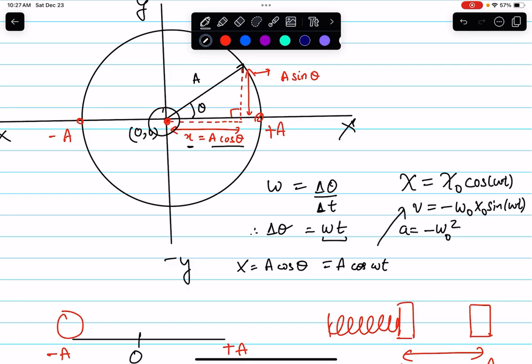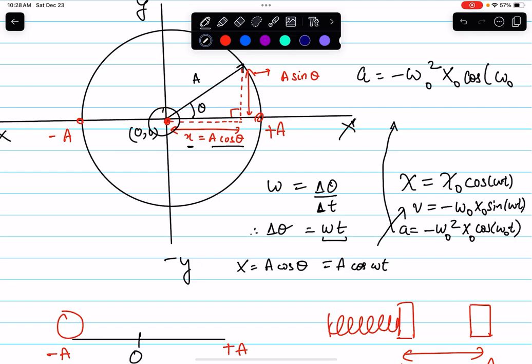So this is negative omega naught squared x naught cosine of omega naught t. And we get this famous equation, where the acceleration is negative omega naught squared, then x naught cosine of omega naught t, and we can just call this x. We saw that x is just A cosine of omega t, and we just call A as x naught, because x naught is the amplitude. So we just substituted A with x naught.